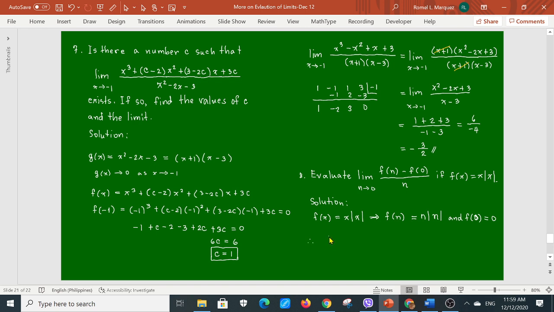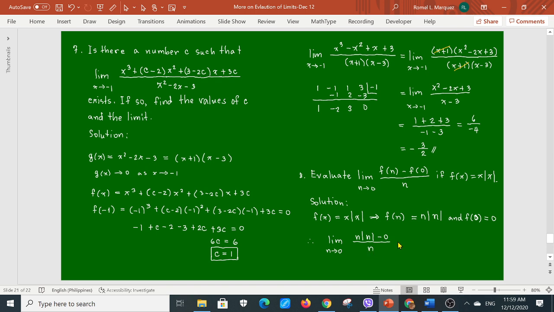Therefore, we have the limit as n approaches 0. So, this is n times the absolute value of n minus 0 all over n.